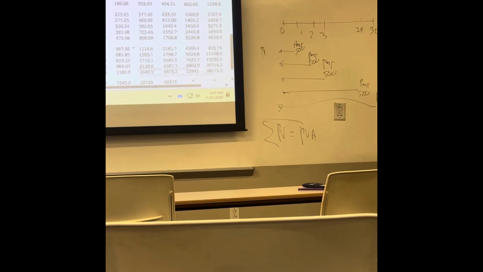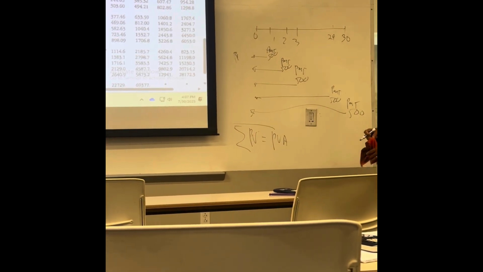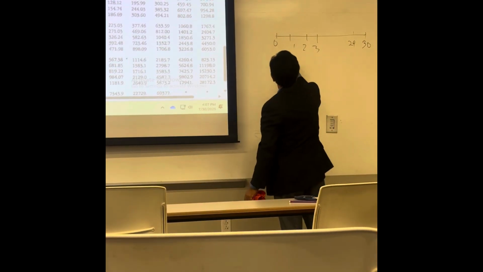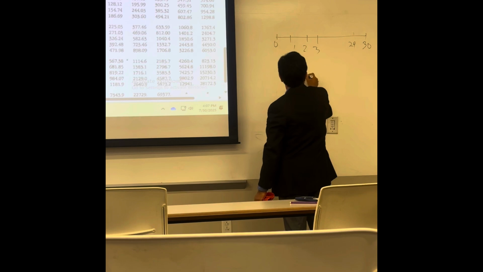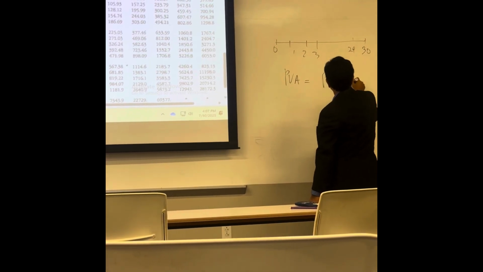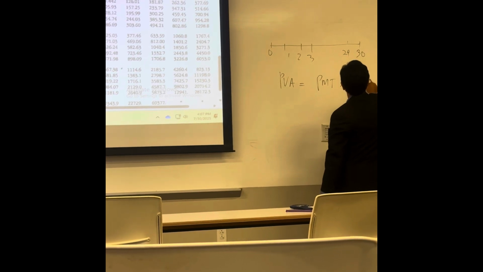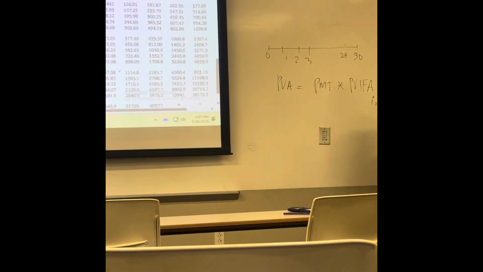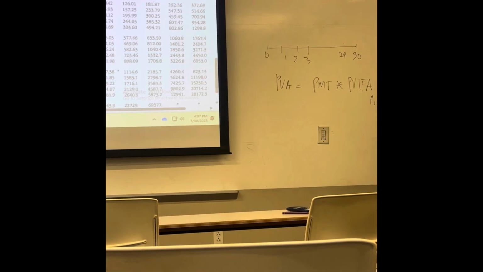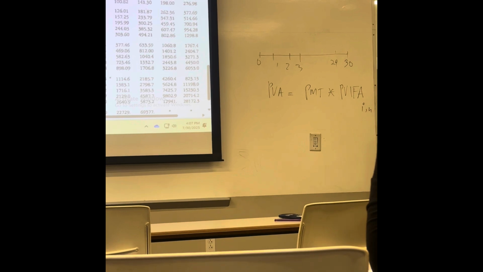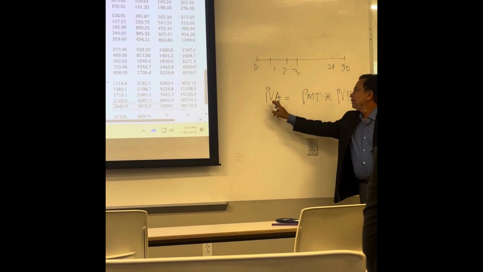There is a smart, short way, which is very similar to the future value. PVA would be equal to payment times the present value interest factor annuity at I and N. See, it's very similar to the future value annuity problem, except that I replace FV with PV.